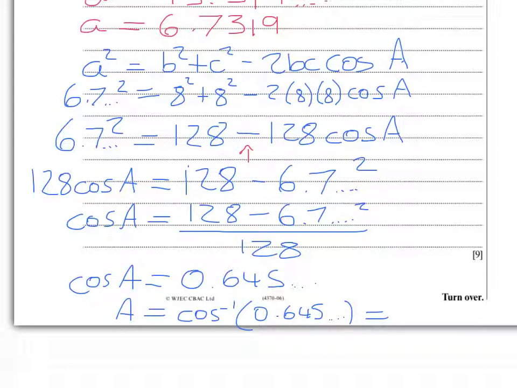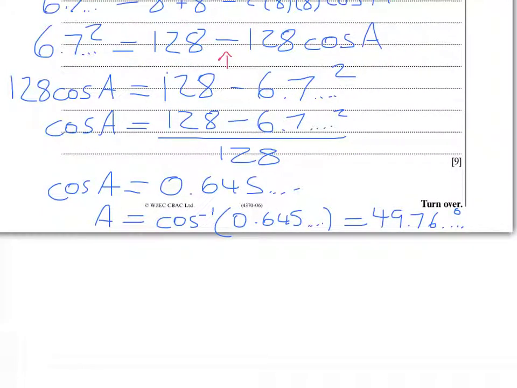The inverse cos of that answer gives us an angle of 49.76 etc. And again, I keep that and I don't round it because I'm still not yet at my final answer.